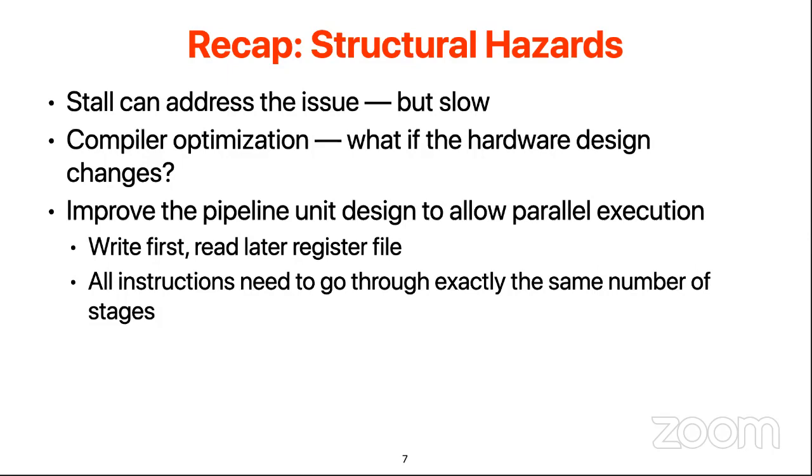So two things we have done. One is write first, read later for the register file, so that the write back and instruction decode stages can work concurrently on different instructions. And all instructions need to go through exactly the same number of stages. Even though some instructions don't need the memory stage, we cannot skip it. Otherwise, we will have a structural hazard.